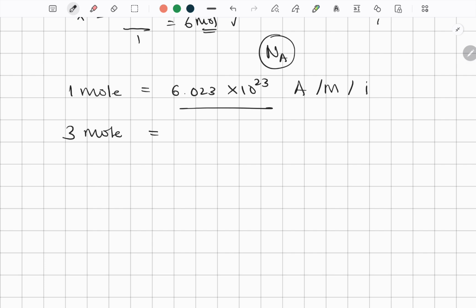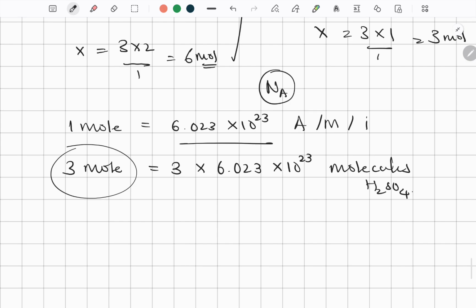So if we have 3 moles, then it's going to be 3 into 6.023 into 10 raised to 23 molecules of H2SO4. Correct? Okay, so whatever the number of moles you have, you just have to simply multiply that with the Avogadro's number, and that's the number of atoms, molecules or ions for your answer.